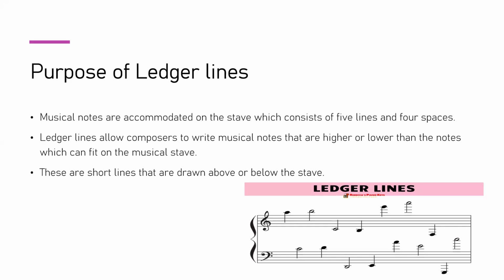Notes that have stems, like, let's say, minim, crotchets, quaver, semiquaver, all the notes that have stems, and down to notes that have tails. The way they are written when you introduce ledger lines above the stave actually matters. You are going to see that in a short while in the course of this class.